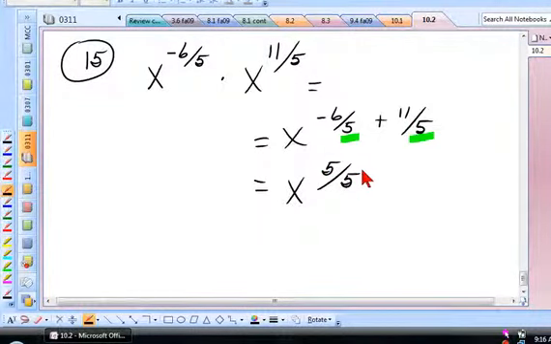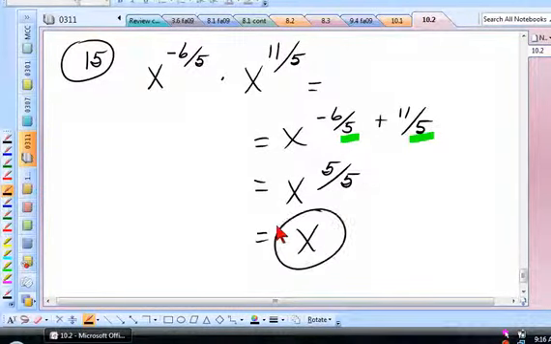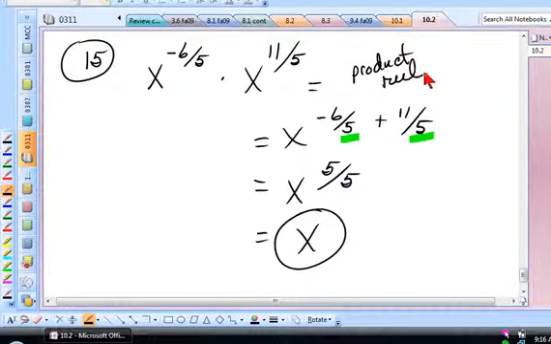But 5 over 5 is 1, so that's x. So this was the product rule. I know they're on the 307 blue sheet, but I imagine that by now you should know them. So you have them in your notes now to review.